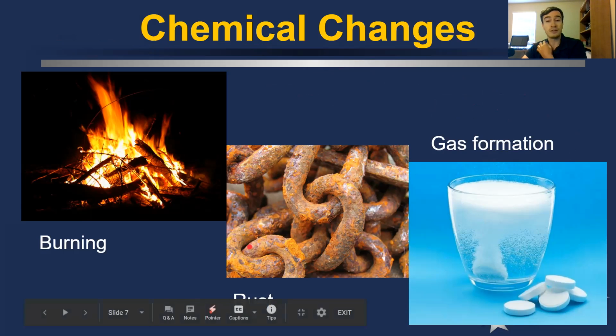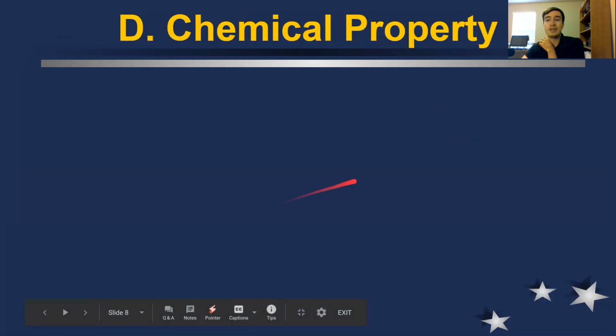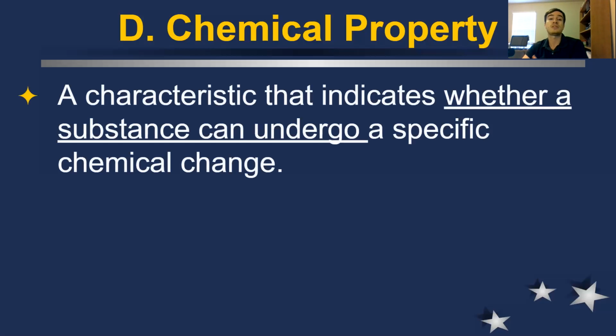So the final thing that we're going to cover today is chemical properties. If physical properties tell us about different traits and attributes that a substance has in terms of its appearance or its feel or its state, chemical properties tell us essentially how likely a substance is going to undergo a certain type of chemical change.